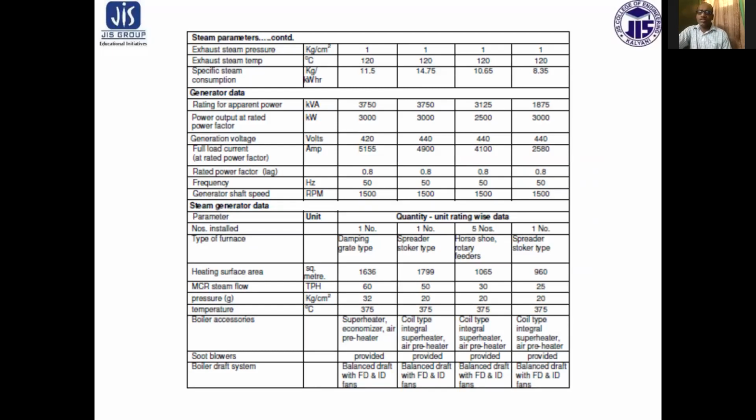If we see the steam parameters, they vary slightly from the first set to the second set, that is from 11.5 kg per kilowatt hour to 14.75, 10.65 and 8.35 kg per kilowatt hour. The generator shaft speed is kept constant through the gearbox, and frequency and rated power factor are all constant.